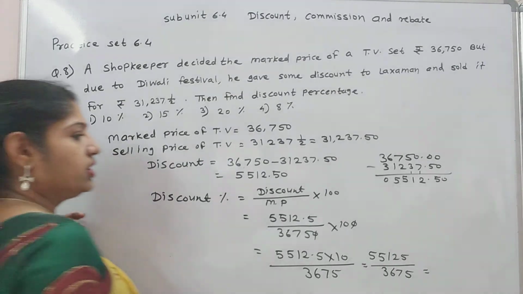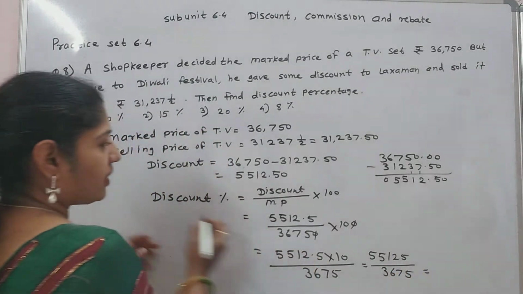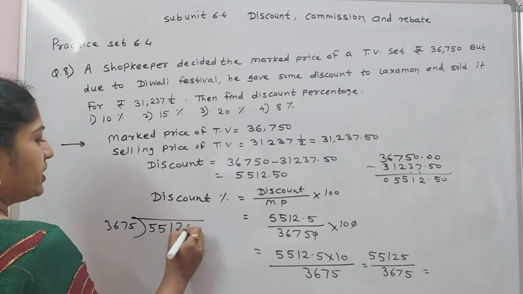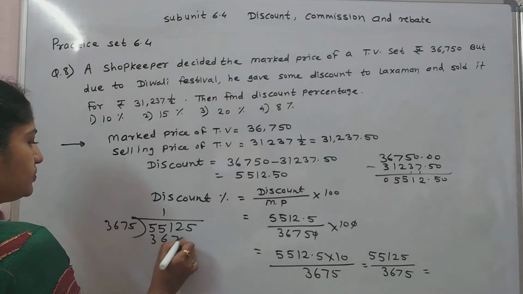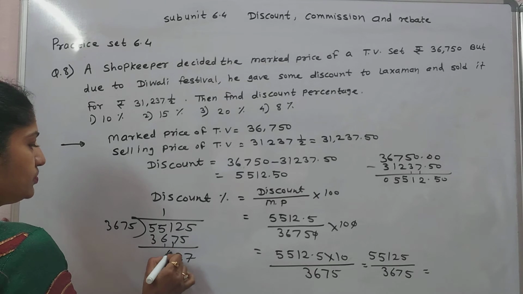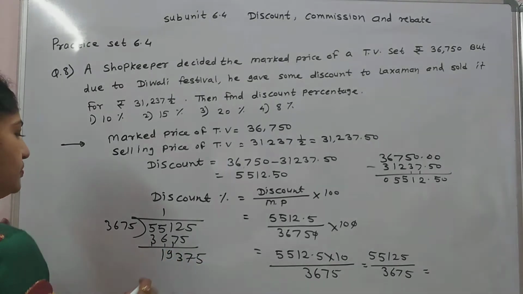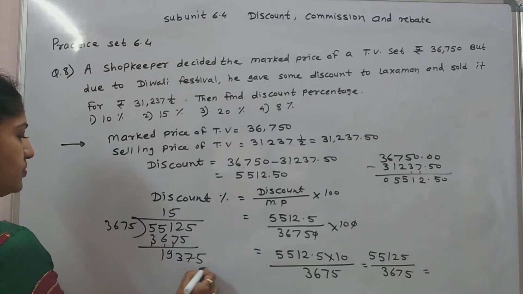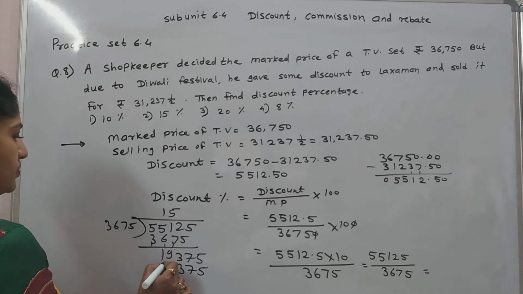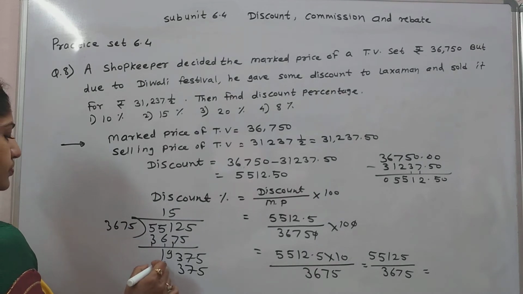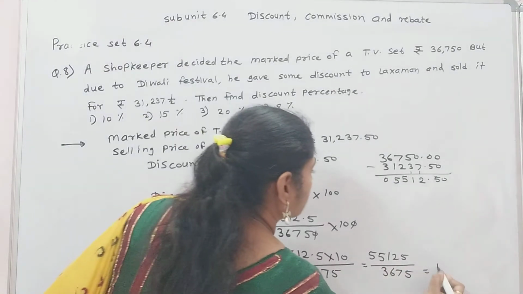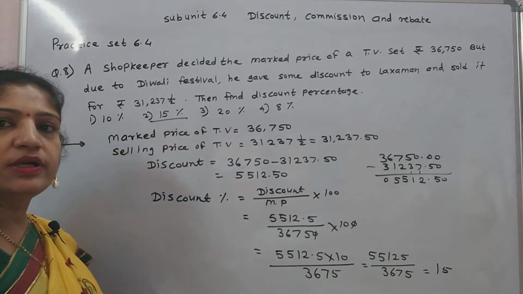Divide this number, 55,125 by 3,675, and we get the answer 15. So our answer is option number 2, 15.